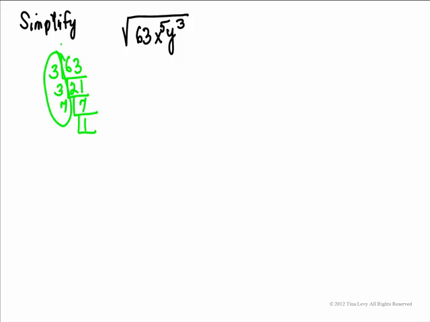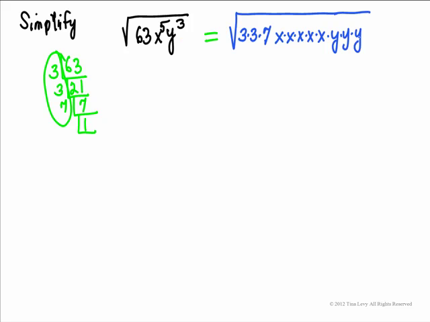We now have the prime factors of 63. I am now going to write this. This is now the square root of 3 times 3 times 7. We have x to the 5th, so we have 5 x's being multiplied, and we have y cubed, 3 y's being multiplied.